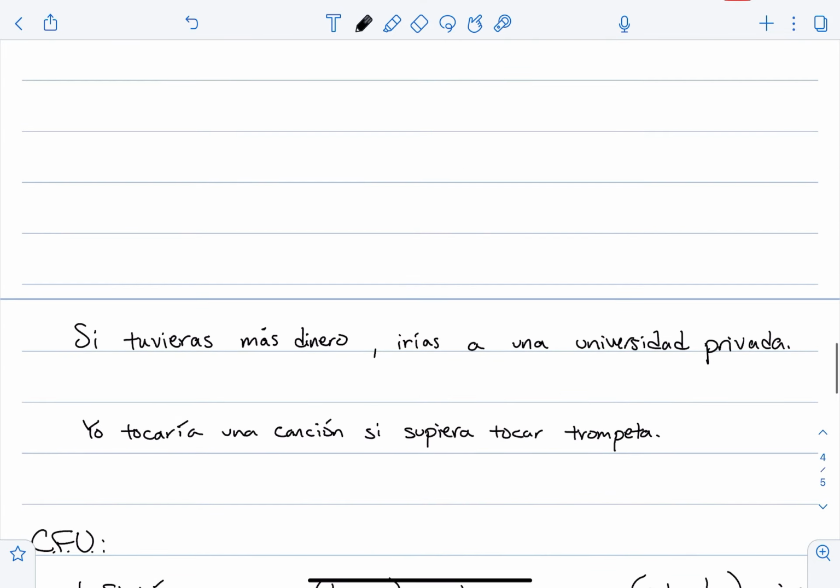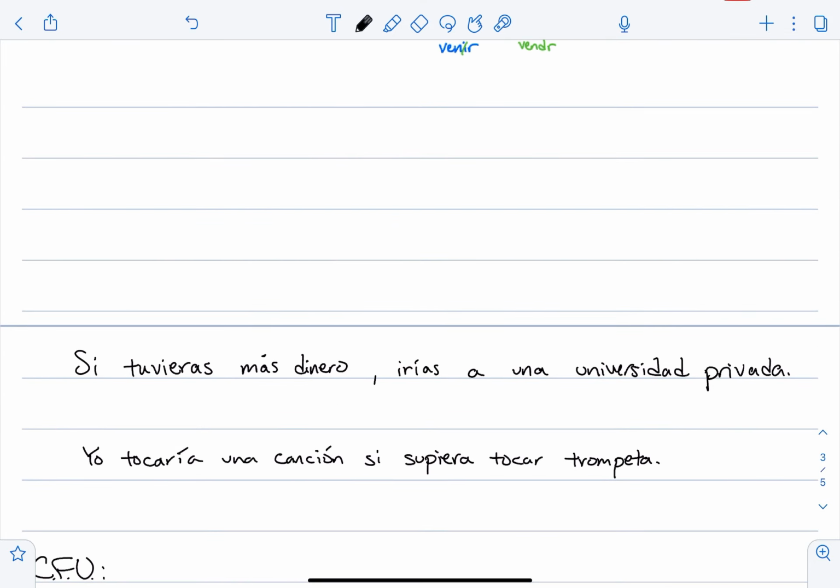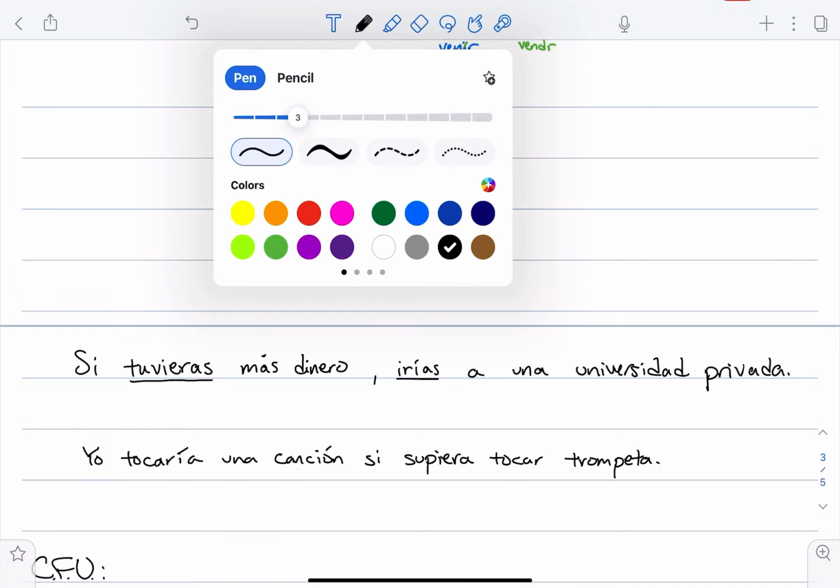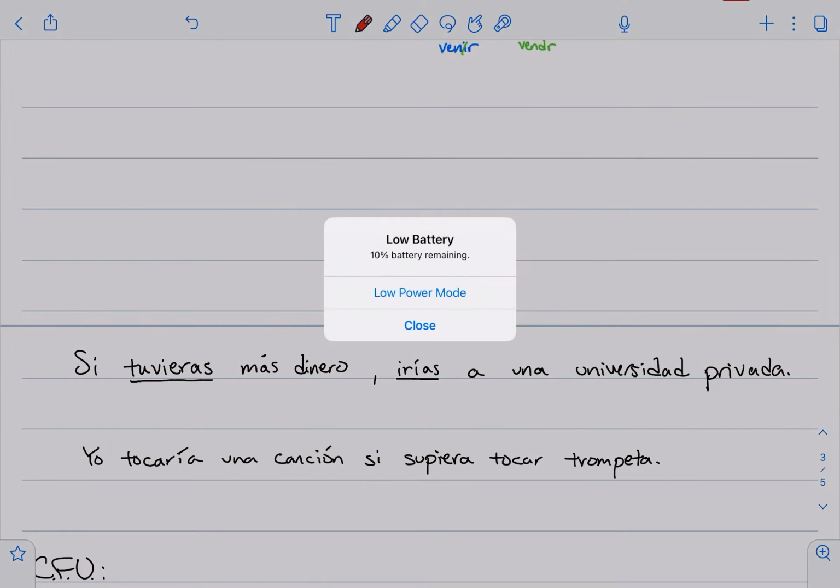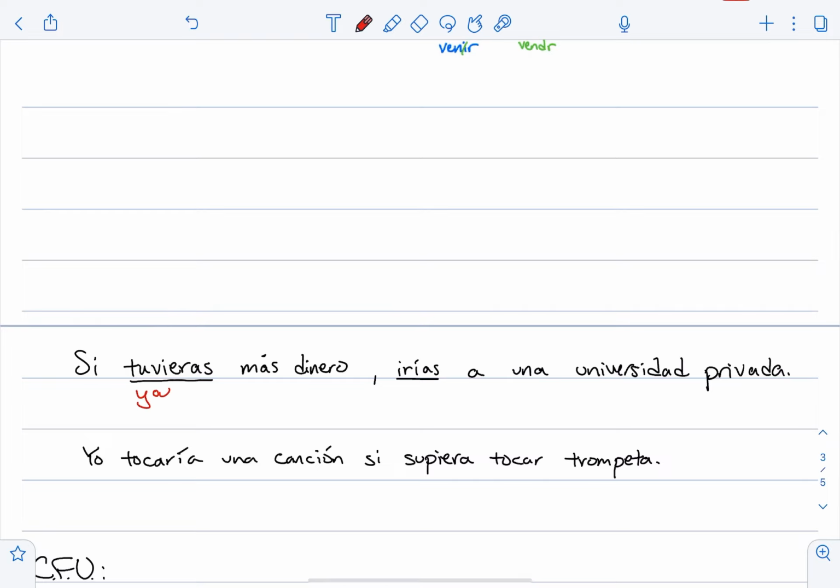Now here's how you combine these 2 tenses to make a complete sentence. Si tuvieras más dinero, irías a una universidad privada. If you had more money, you would go to a private university.